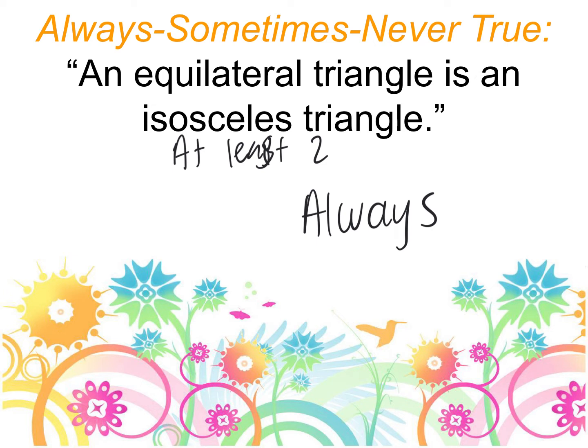How many sides does an equilateral triangle have that are the same length? 3. Is that at least 2 of them? So all equilateral triangles are isosceles. Reverse it. Are all isosceles triangles equilateral? No, that one would only be sometimes, okay? Only sometimes does an isosceles triangle have its base be the same length as the other 2, okay?